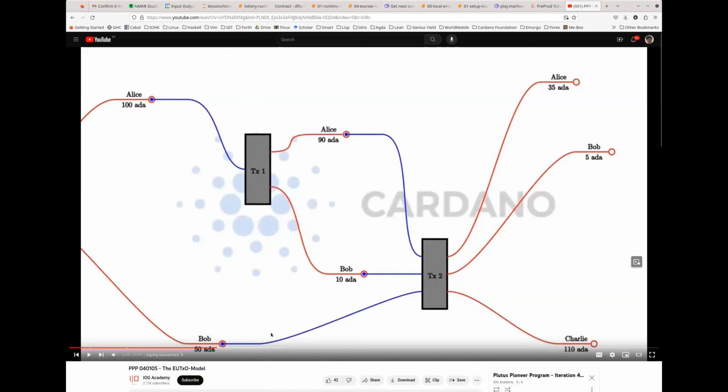So now it contains 3. This original one from Bob, this new one for Bob, and this one from Alice. And then when the second transaction comes in, it would remove those 3 and add those 3. So the nodes basically only keep track of the current UTXO set.